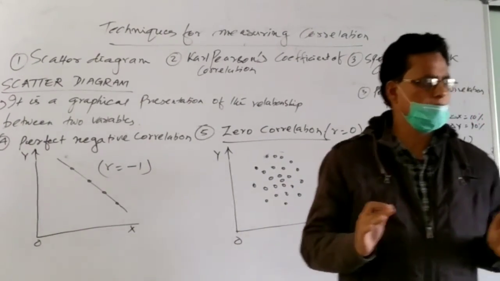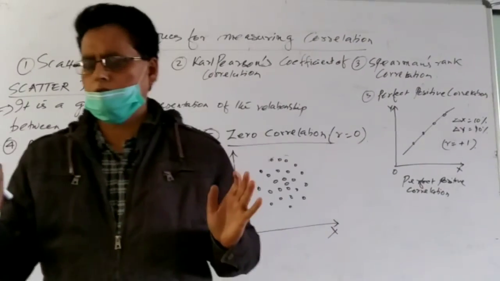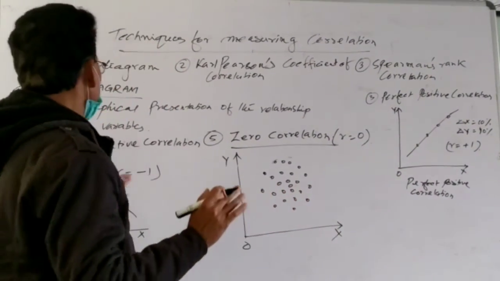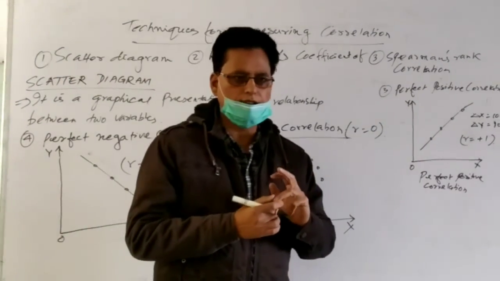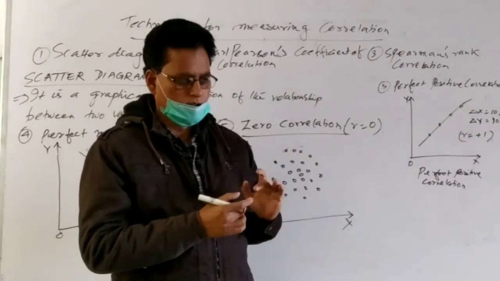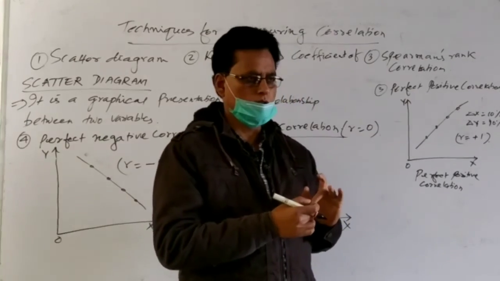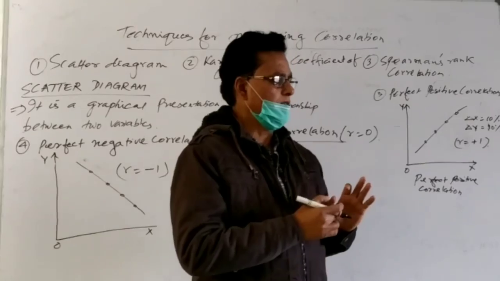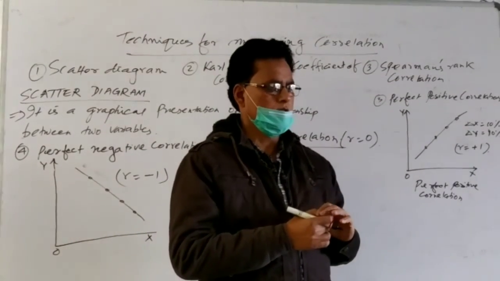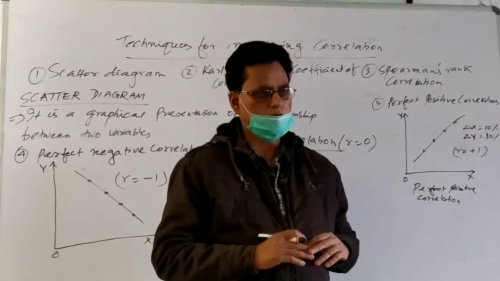I think it's clear? Yes. And what are the different types of scatter diagram? First is positive correlation, second is negative correlation, third is perfect positive correlation, fourth is perfect negative correlation, and fifth is zero correlation. I think it's clear to all of you. Yes, sir. Okay.